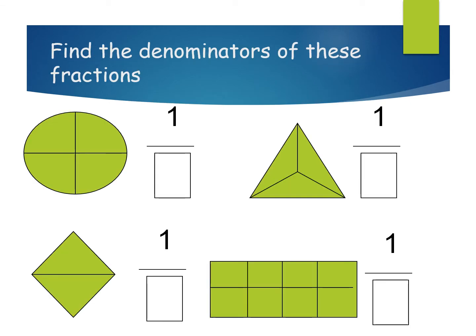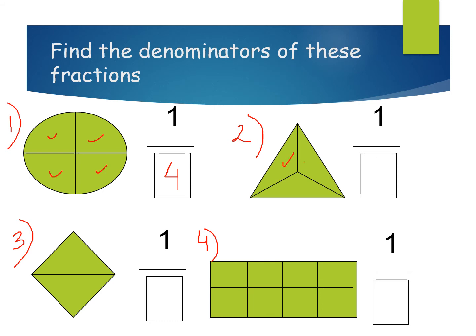Okay, now we have to find the denominator of these fractions. So in the first figure, we have a circle. It is divided into how many equal parts? Let's count. 1, 2, 3 and 4. So total how many parts are there? 4. So the denominator will be 4. In the second figure, we have a triangle, and it is divided into how many equal parts? Yes, 3.